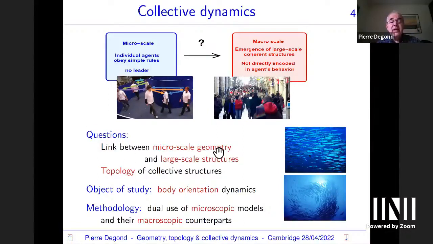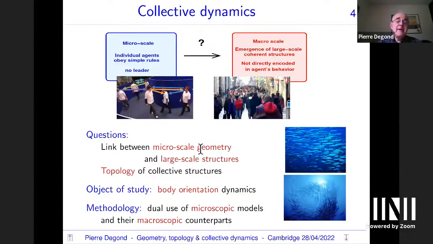By microscale geometry, we will see an example in this talk, but you can think of, for instance, self-propelled particles that have a direction of self-propulsion that's actually a vector on the sphere. So this is a geometric structure associated with the agent.